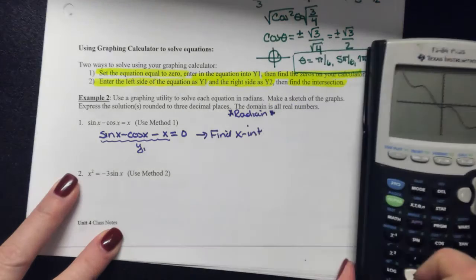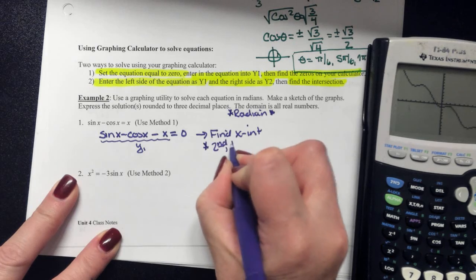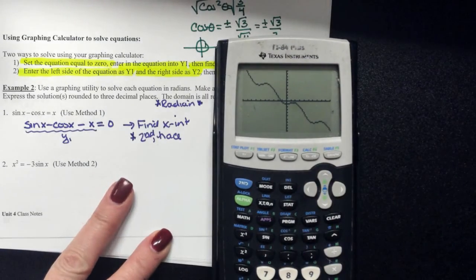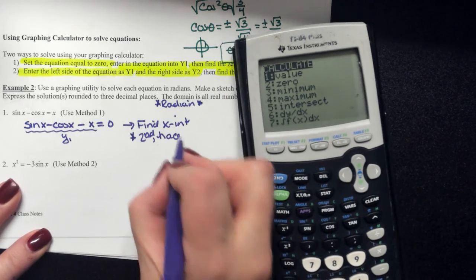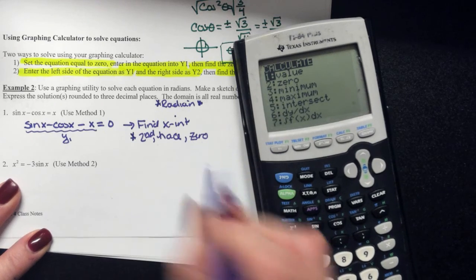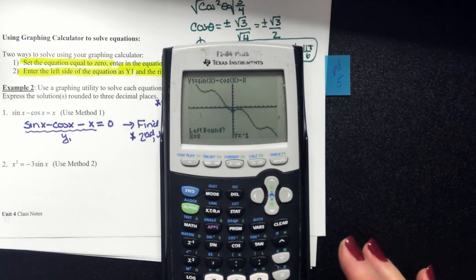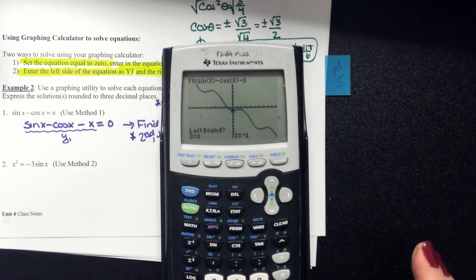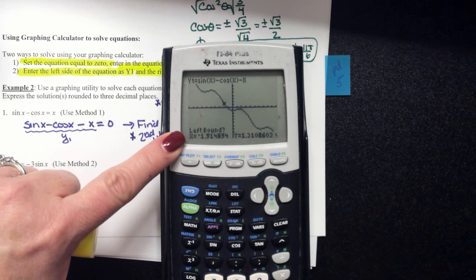So remember on my calculator to find the x-intercepts, you go under second, trace. So to find the x-intercepts on the calculator, you go under second, trace, and you choose option number 2, zeros. Is this coming back to you guys a little bit from Algebra 2 land? Remember, it asks you for left bound, so you want to move that cursor a little bit to the left.